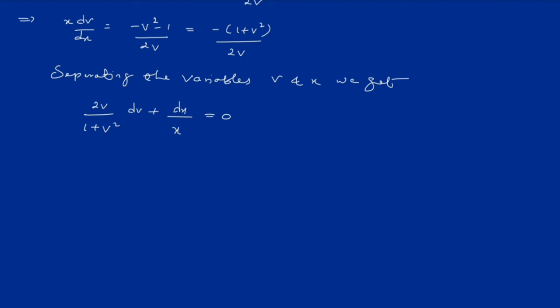Just interchanging the values here, minus dx upon x can be taken as plus dx upon x to the LHS only, right?